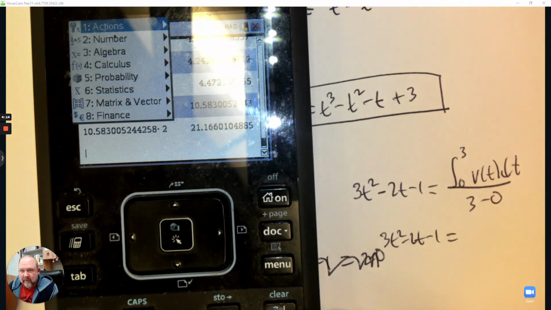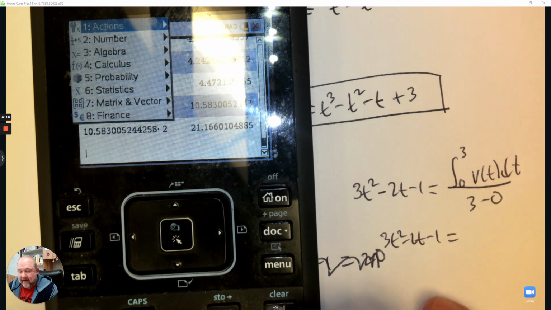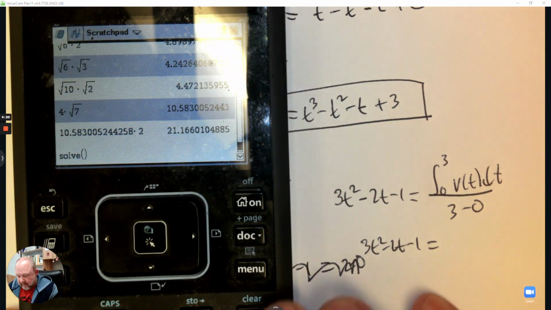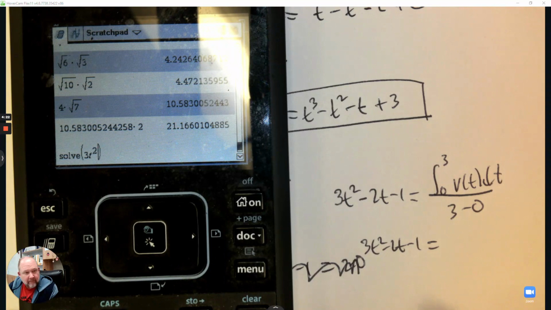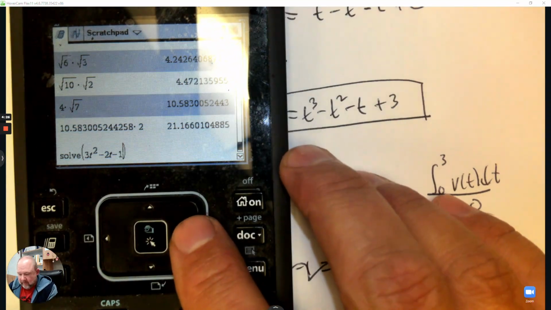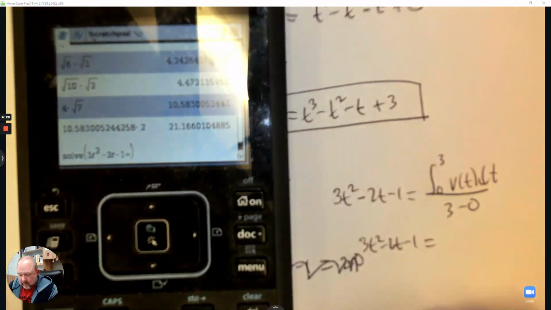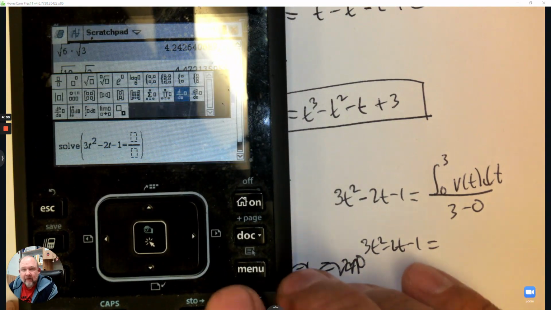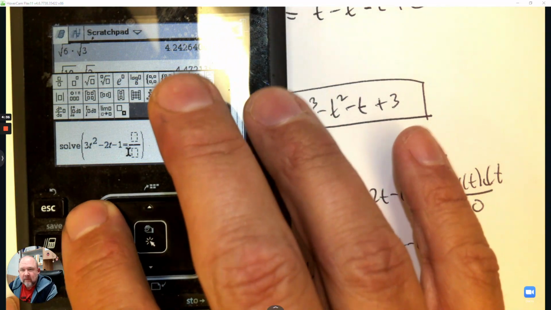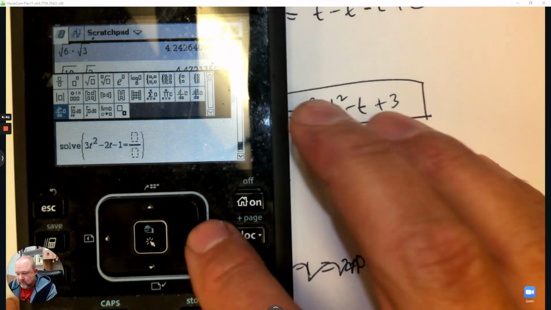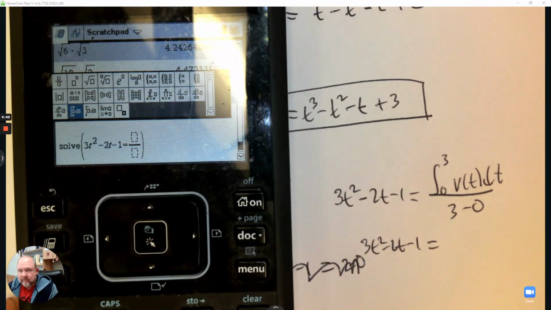I'm going to go menu, algebra, and I'm going to solve this. I'll type 3t squared minus 2t, subtract 1, equals. I'm going to do control divide, and then in the numerator, I'm going to do integration from 0 to 3.